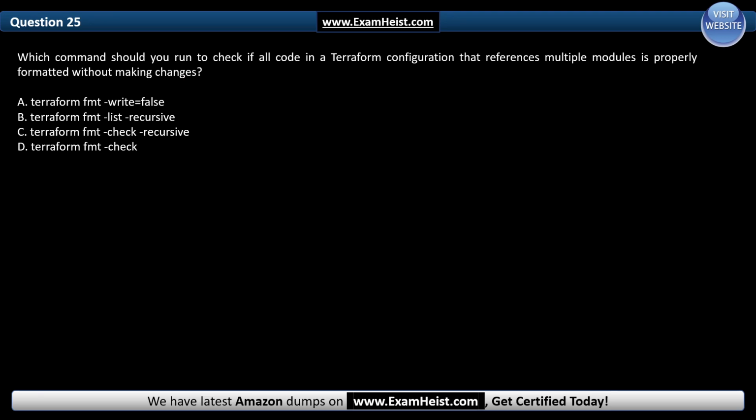Question 25. Which command should you run to check if all code in a Terraform configuration that references multiple modules is properly formatted without making changes? The correct option is C. Terraform fmt -check -recursive.